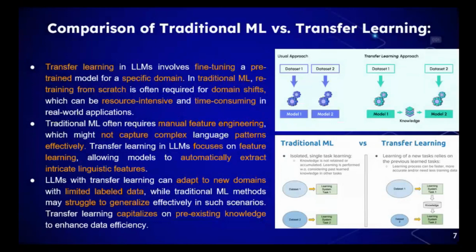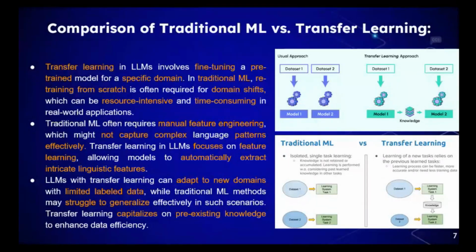Traditional machine learning is an isolated, single-task learning approach, where the model is trained on a single task and cannot be applied to any other task. On the other hand, transfer learning is a multitask learning approach. This means that the pre-trained model can be used to learn new tasks by fine-tuning the model on a smaller, labeled dataset.